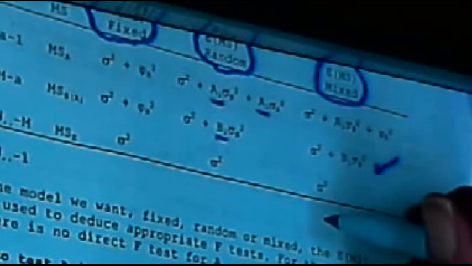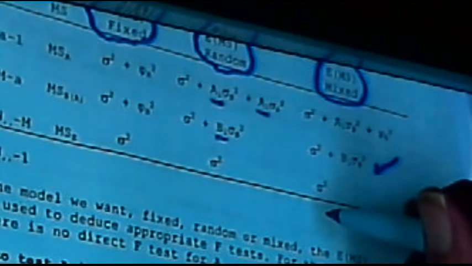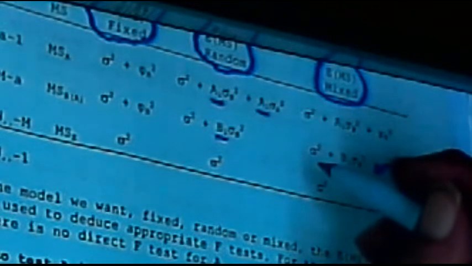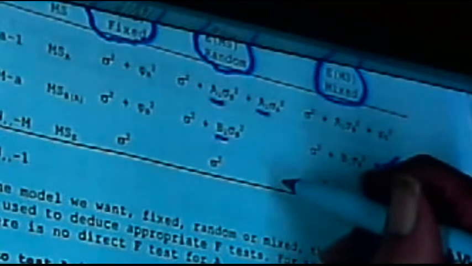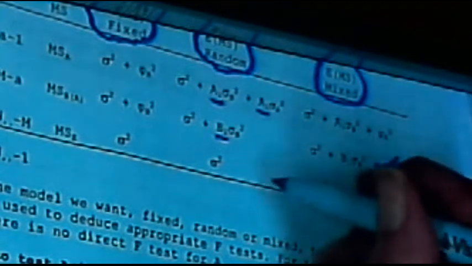But when we want to test factor A, there's no natural denominator in the list here, and so we have to build a pseudo F test statistic for testing about A. So in both of these last two columns, for testing A, we have to build pseudo F tests. For testing B within A, it's a direct denominator to use.